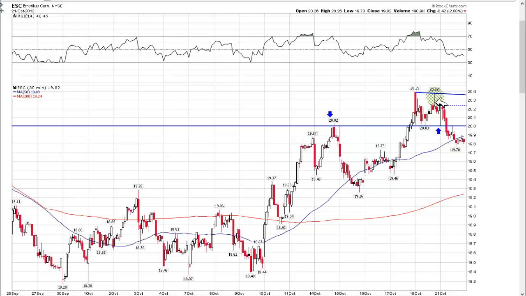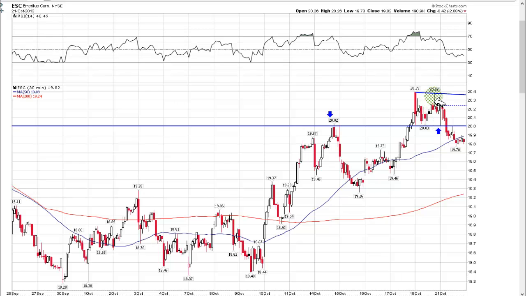It rallied into the close on Friday. However, the thing that was concerning is that you have this big topping tail. Again, this is a 30-minute intraday chart. Big topping tail. And also it put in a lower high. $20.39 was the prior high. $20.38 was the next high.